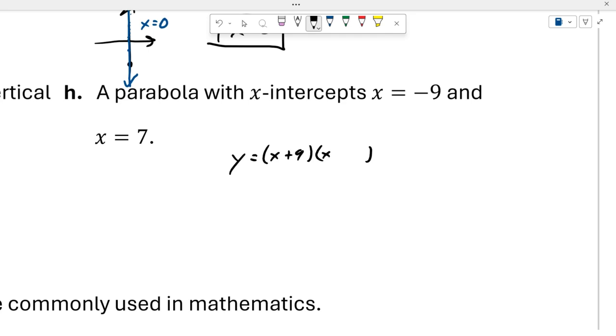Because what I want is, when you plug in a negative 9, you get a 0. If you let x equal negative 9, you get negative 9 plus 9, which is 0, and that's what we want, because it's an intercept. Likewise, with x equals 7, if I say x minus 7, when I plug in a 7, I get a 0.